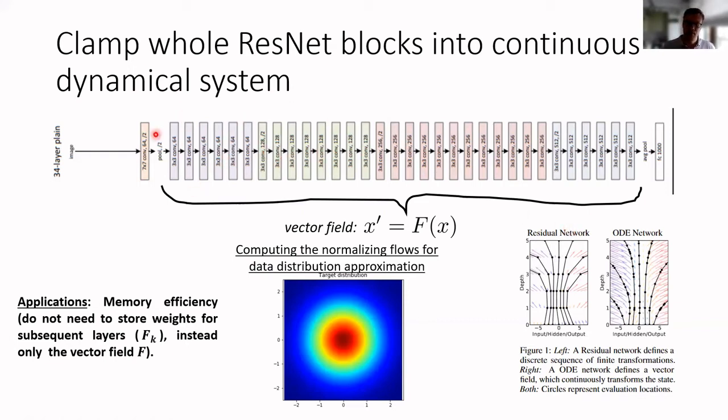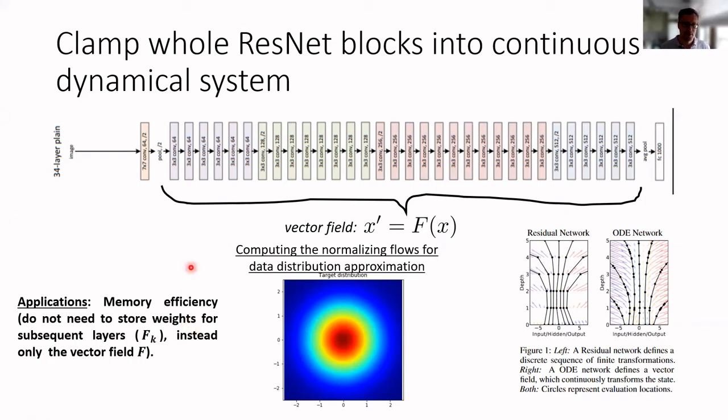Because I told you, instead of using the weights in each layer separately, you have just one set of weights, which is defining the vector field. And apparently, this will have the same accuracy as the original ResNet. And the memory efficiency is huge.